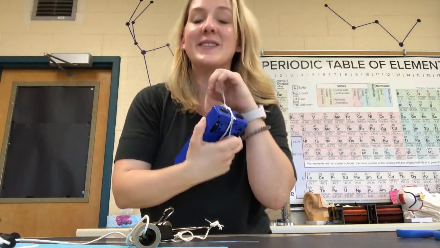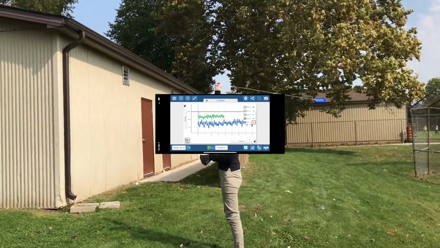I take my students outside for this, and we change the radius, so we make it a tighter radius, and we also change the speed. From there we can see on the graph of force that it is really tied to the changes in speed and the changes in the radius.